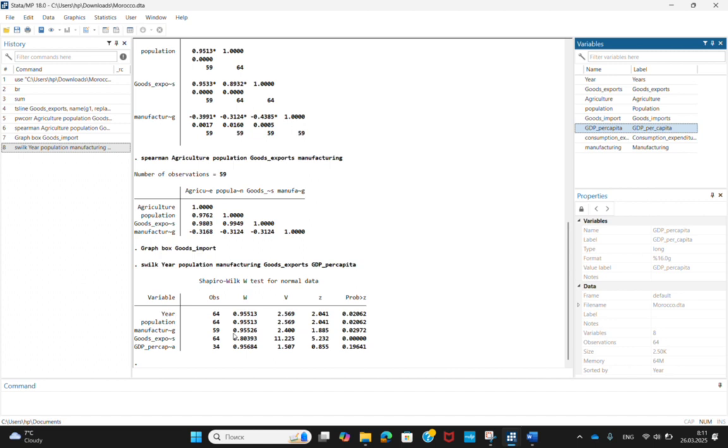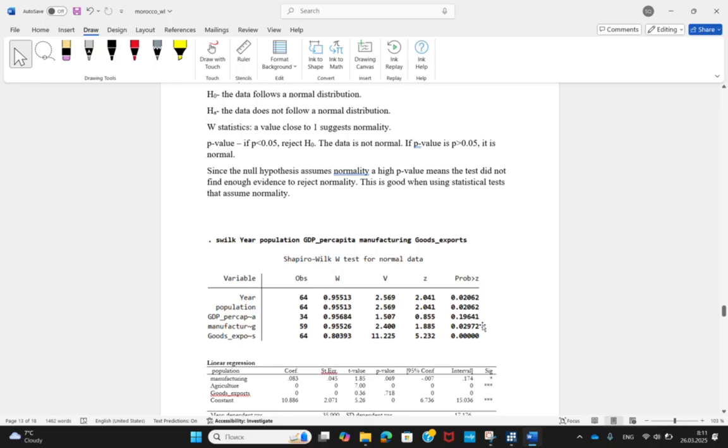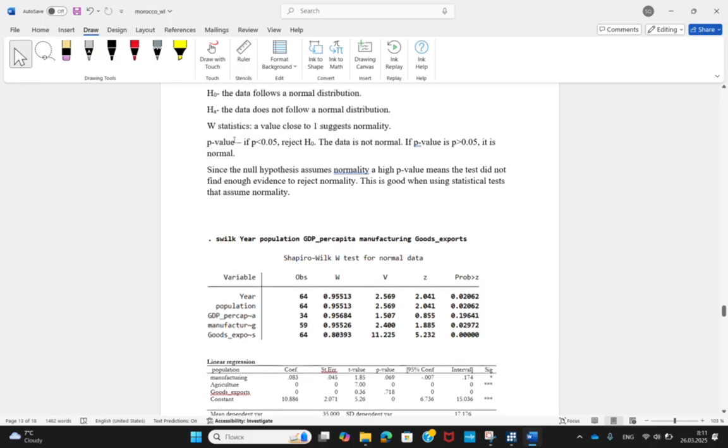It's good. Let's move to the Prob greater than z. Here, the p-value. If p is less than 0.05, reject H null. The data is not normal. If the p-value is greater than 0.05, it is normal. We only see here that GDP per capita is normally distributed.